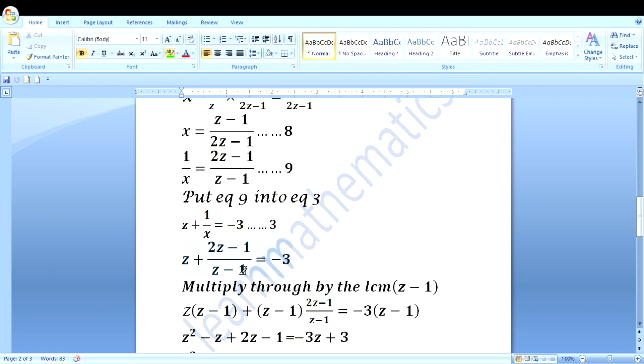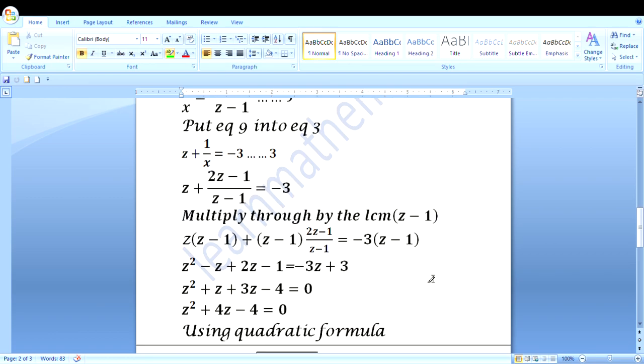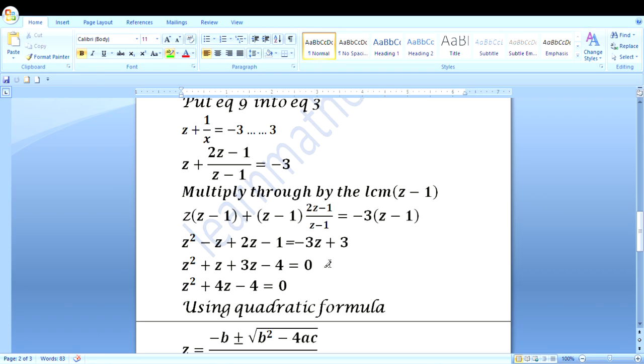This is a fraction already, so to obtain an equation from here, we have to multiply through by the LCM, which is z minus 1. If that is done, this is z times z minus 1, this is z minus 1 times 2z minus 1 over z minus 1, then minus 3 times z minus 1. And if that is done, this one is off.